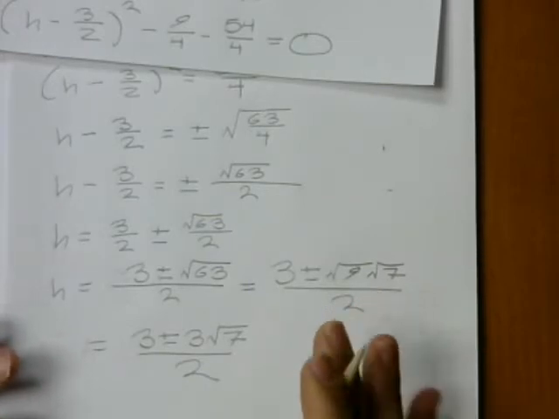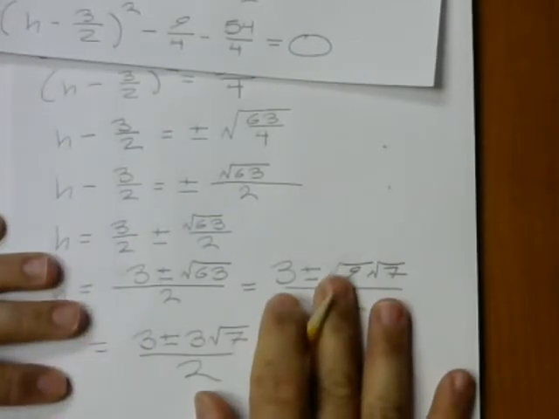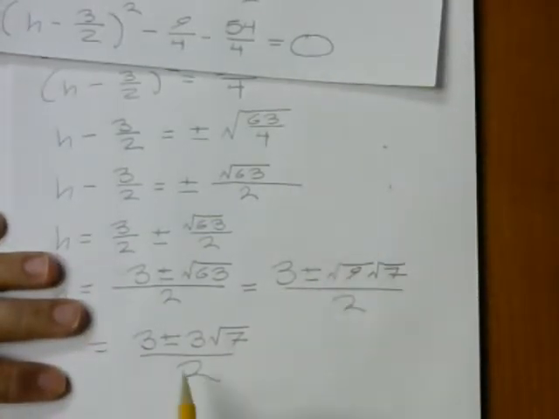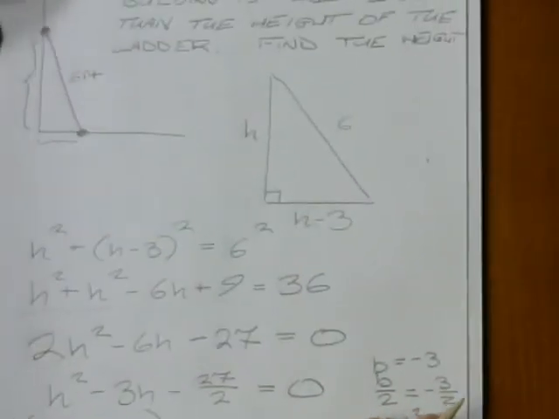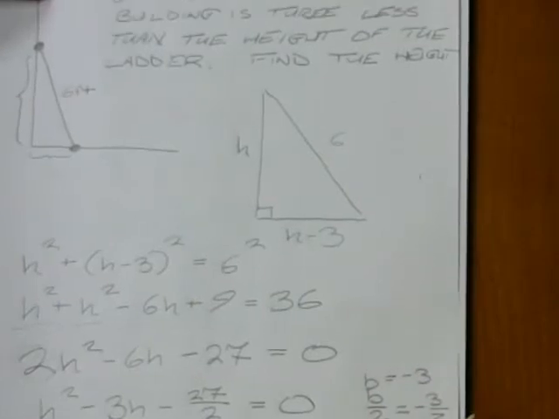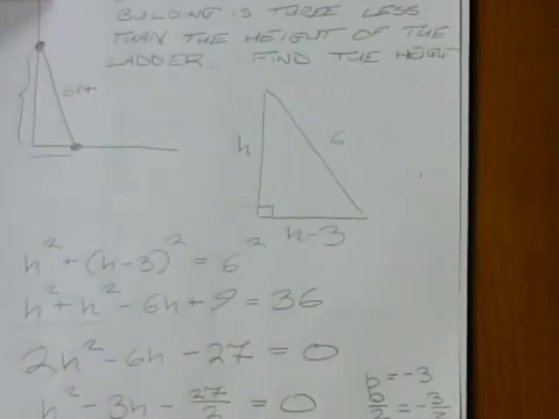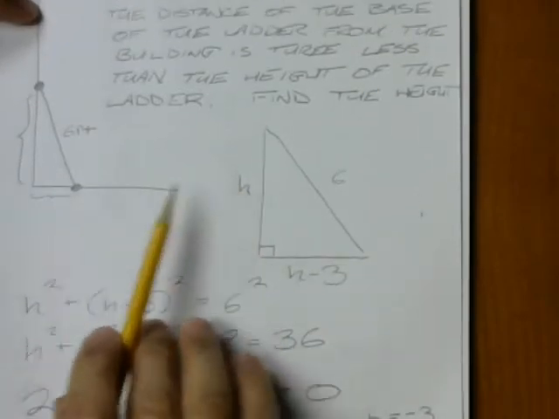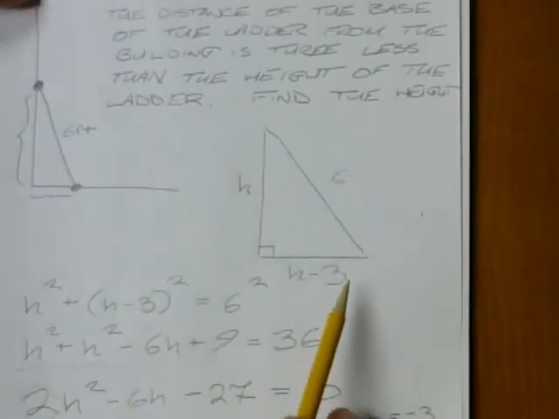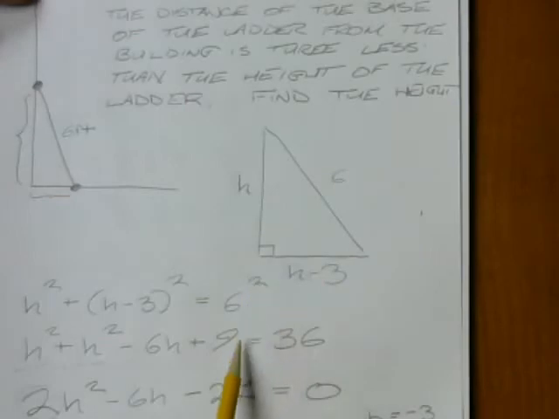And you might say, well, too bad, we're out of luck. We got two different solutions. But let's think about where this came from. I wanted to know what the height was. Is the height negative? Not according to this picture. Not according to this scenario. I mean, I guess technically I could have dug a big pit.